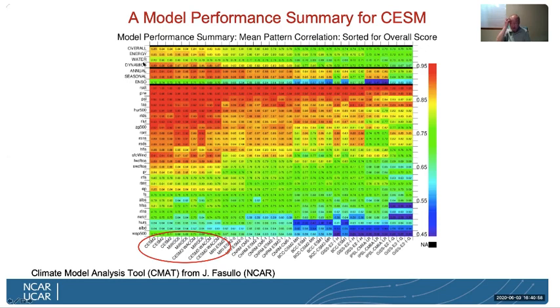It assigns a quality value, the mean pattern correlation value. In this plot, red numbers are good, blue numbers are bad, and green is in between. The more you are towards the left side of this plot, the better your model is.